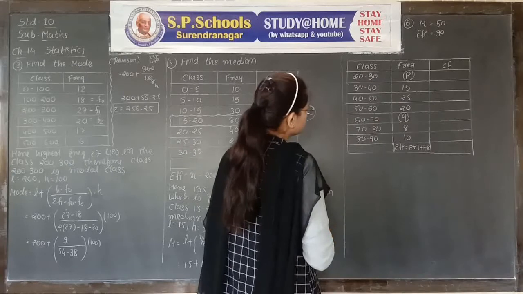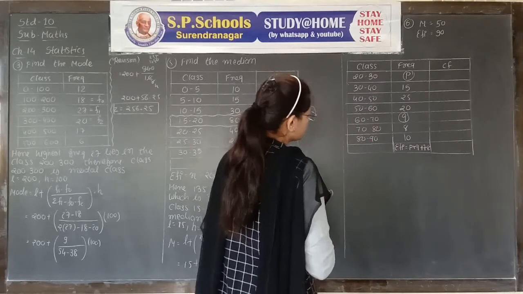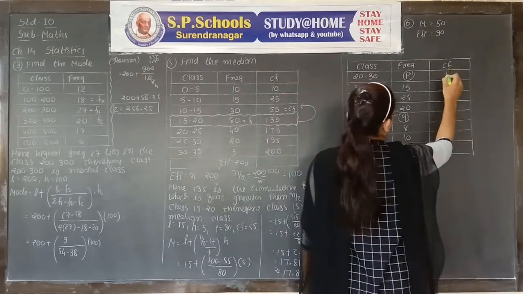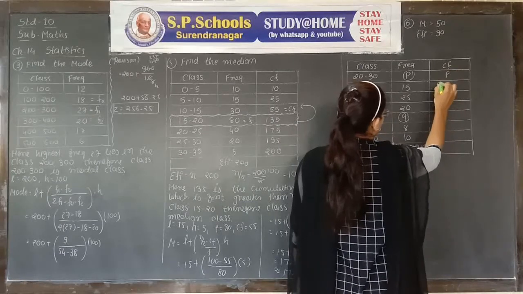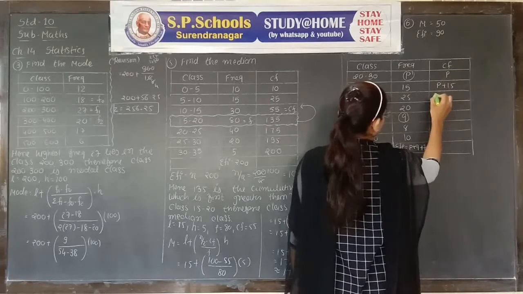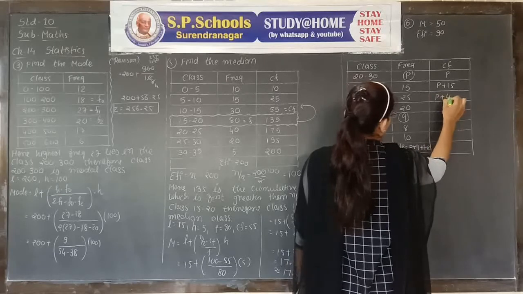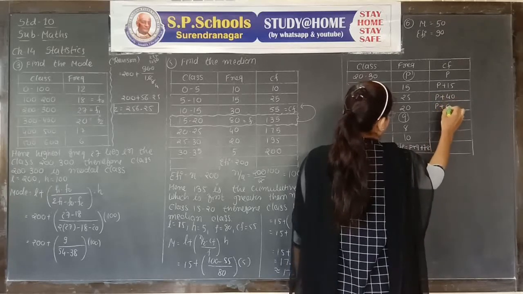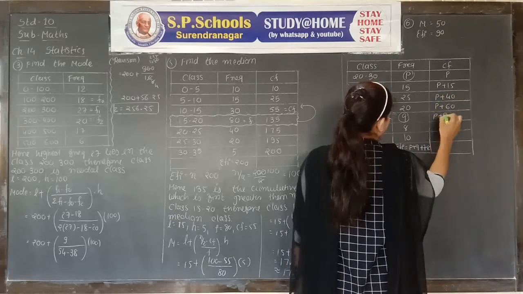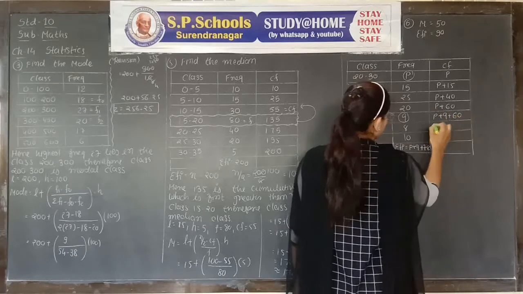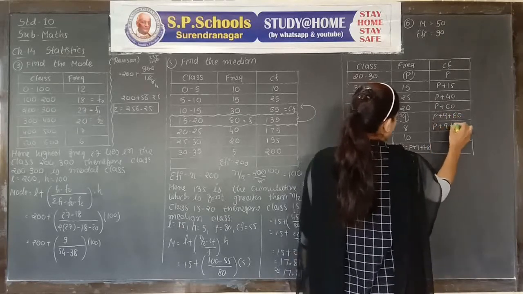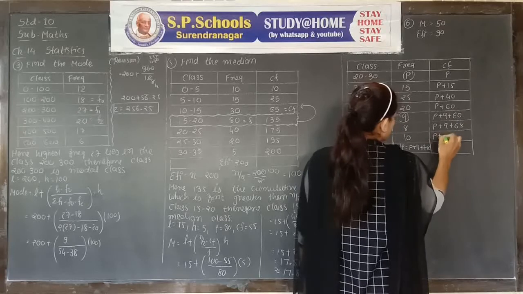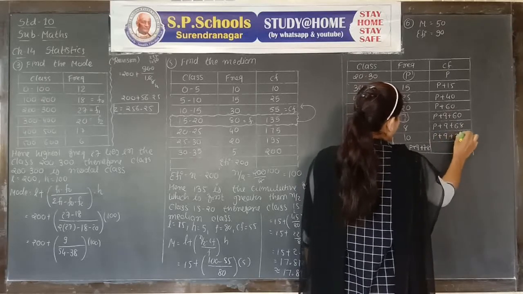78. Now we find CF: P as it is, P plus 15, P plus 40, P plus 60, P plus Q plus 60, P plus Q plus 68, and the last is P plus Q plus 78.